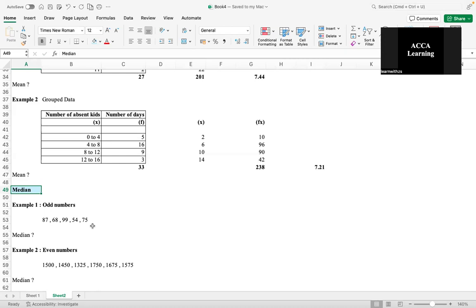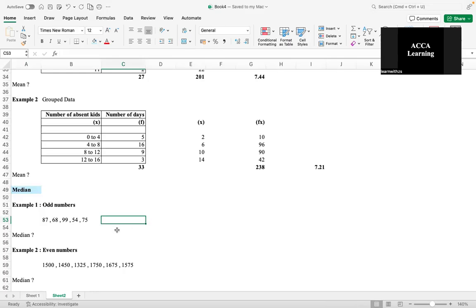Let's look at an example. In this case, there are 5 numbers given to you: 87, 68, 99, 54, 75. The silliest mistake you could make is just saying that your answer is 99. No, you have to first arrange this set in ascending order and then find your mid value.